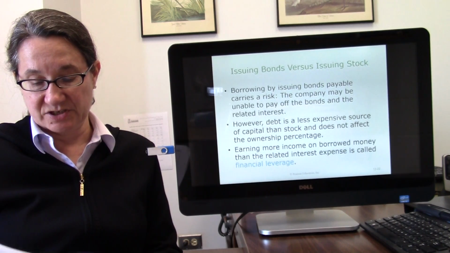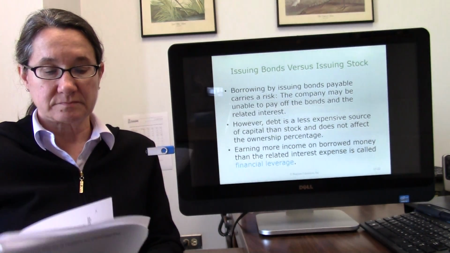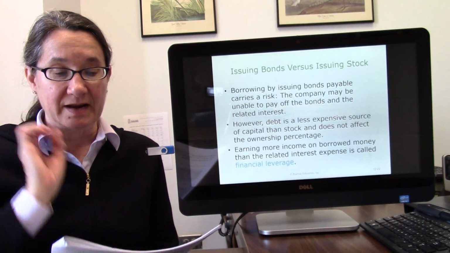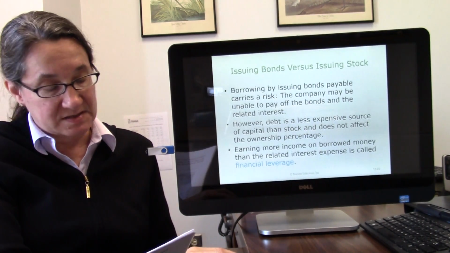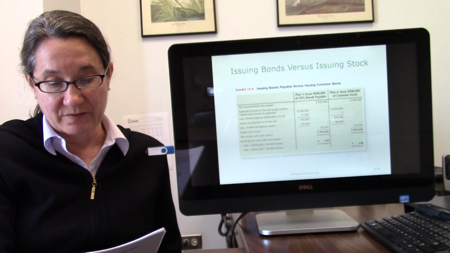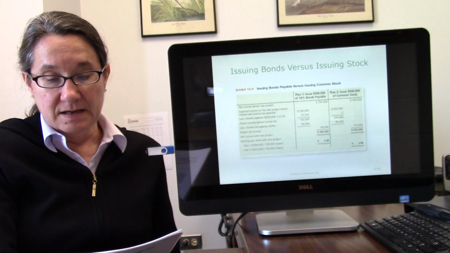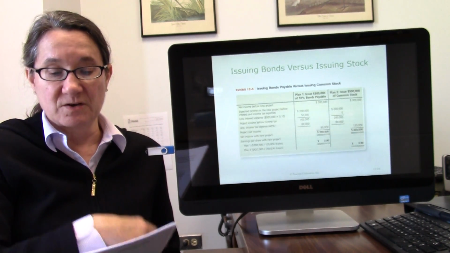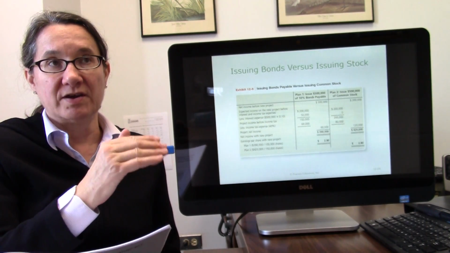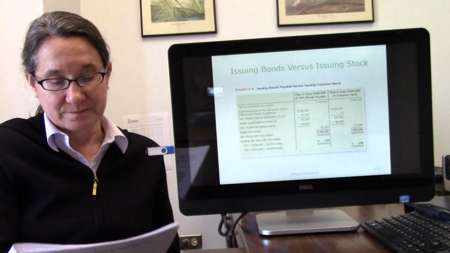Companies face the following decision: how shall we finance a new project, with bonds or stock? Financial leverage occurs when a company earns more income on borrowed money than the related interest expense. We aren't going to get too much into this idea of leverage. However, borrowing money increases your ability to earn money, as long as what you're earning is more than what you're paying out in interest.